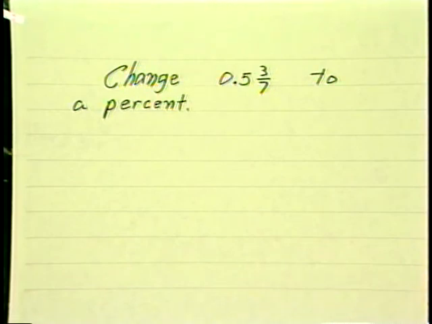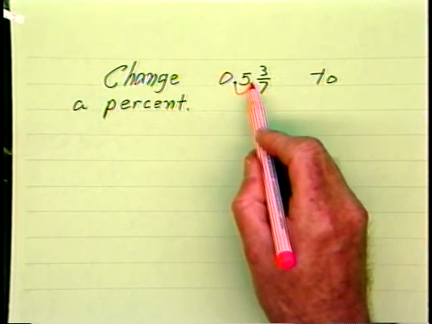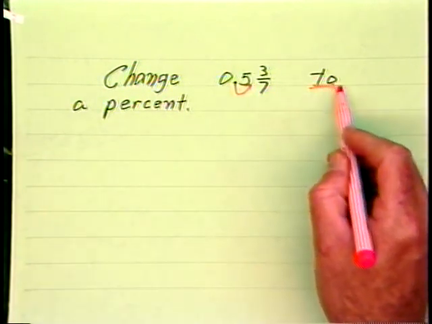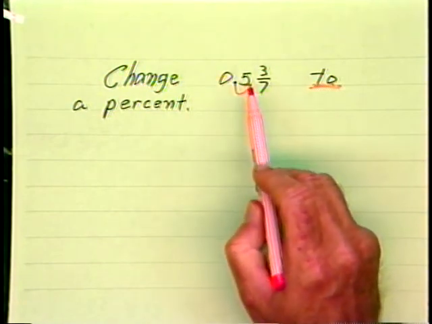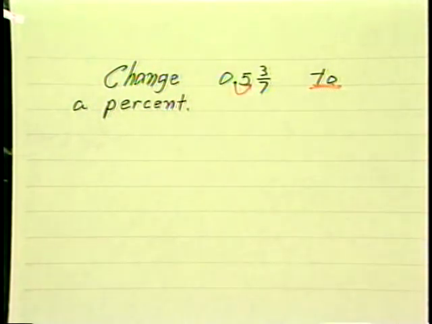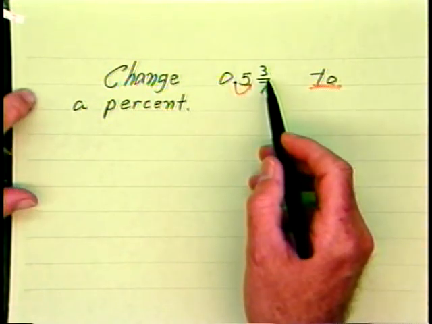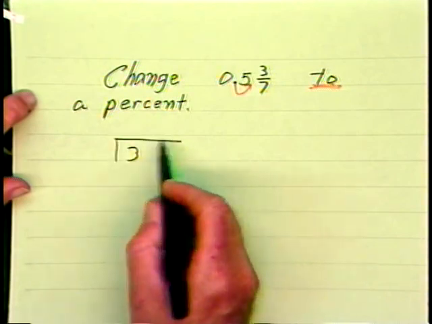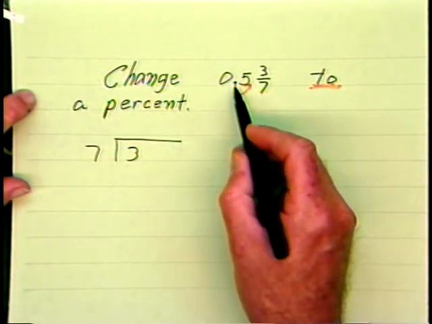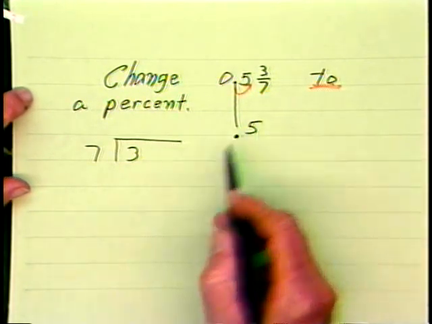Let's do this one. Again, our problem is I can't move this 2 places to the percent, and I always must. There is no exception to that rule. But in this case, the fraction at the tenths place is stopping the way. So we said dividing 3 by 7 will give me additional decimal digits.